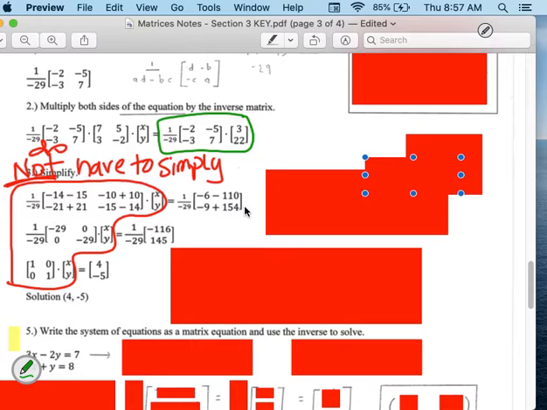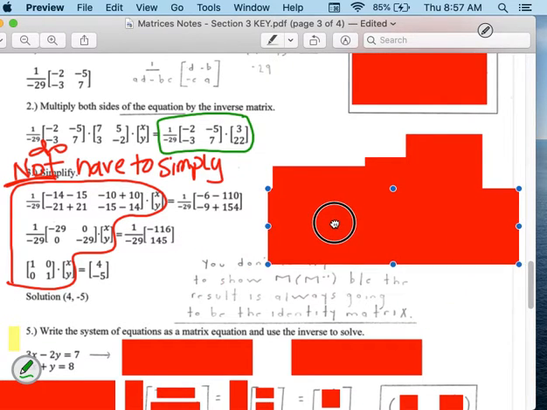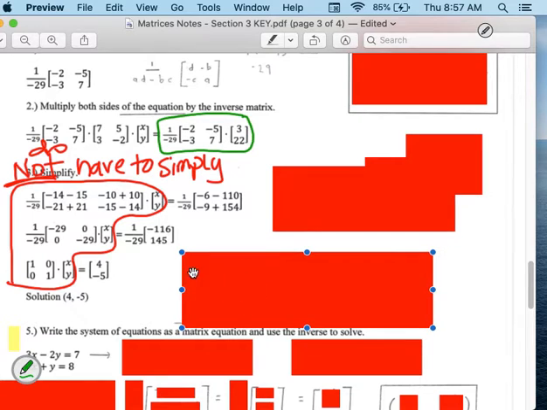Okay? That is what I wrote here, that you don't have to simplify that side. And that's that this gives you the identity.